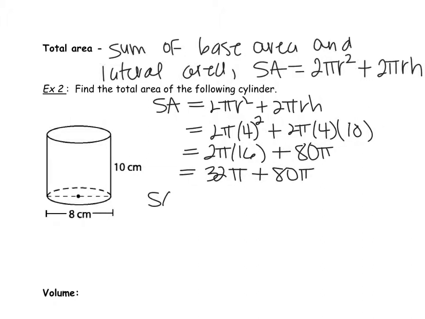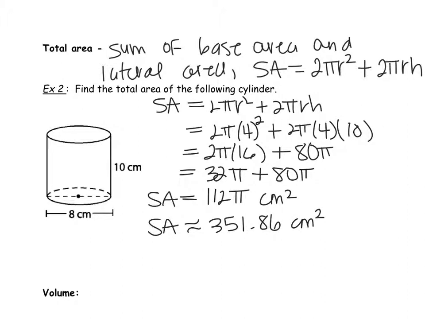So we get a total surface area of 112 pi, and then our units are centimeters squared. So our approximate area as a decimal is 351.86 centimeters squared.